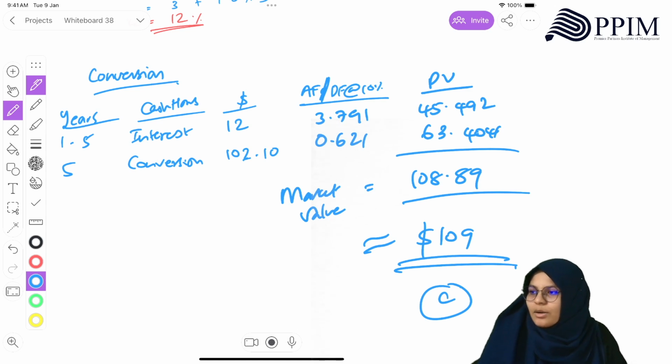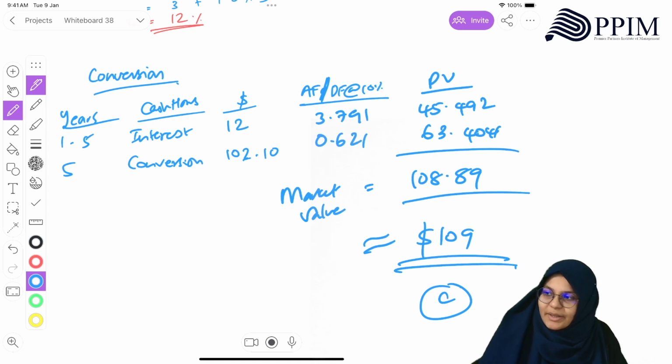So this is just a normal market value of a convertible. Only thing is in this case that tax, usually we are so used to taking the after tax rate because we are thinking from the perspective of the company, right? But in this case, since the tax rate is not there, we don't have a choice.